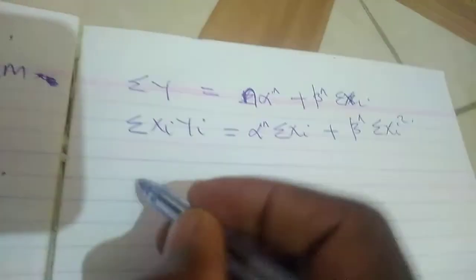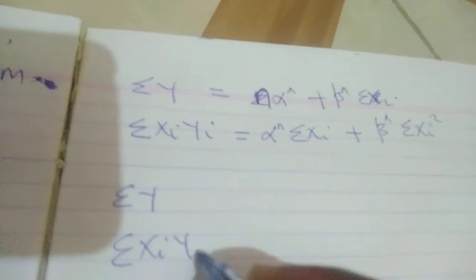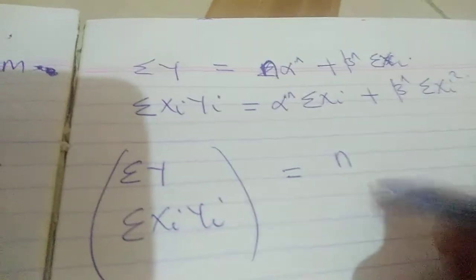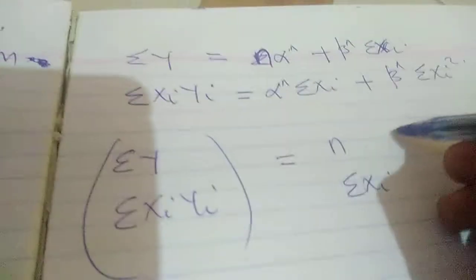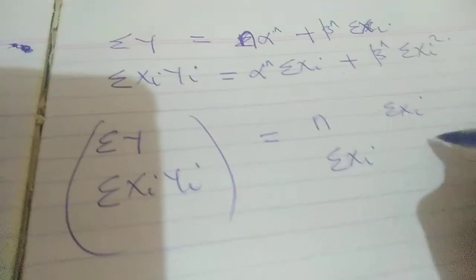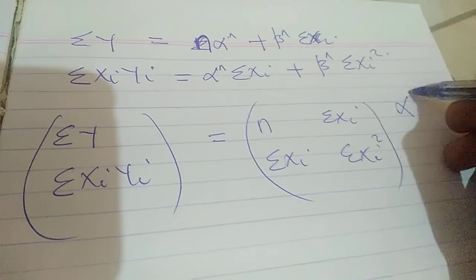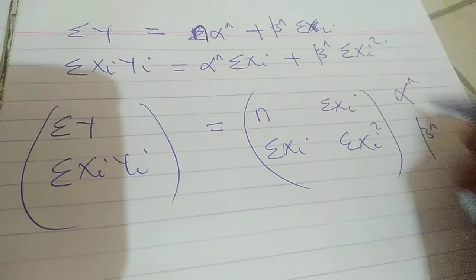So when I compare the two equations, I have the sum y and the sum xi yi, with n, sum xi, and sum xi squared. Then I have the two parameters we have been finding, alpha hat and beta hat.